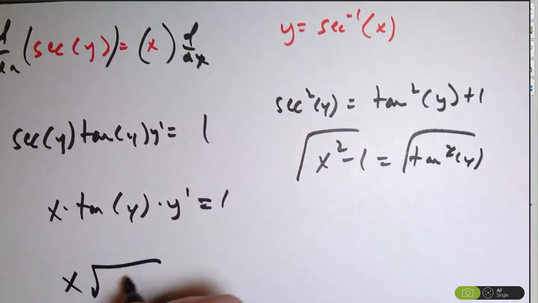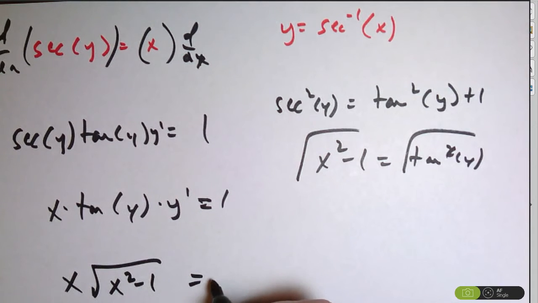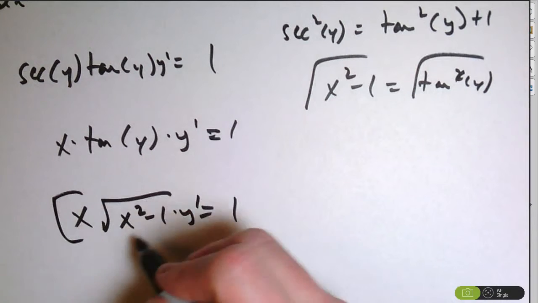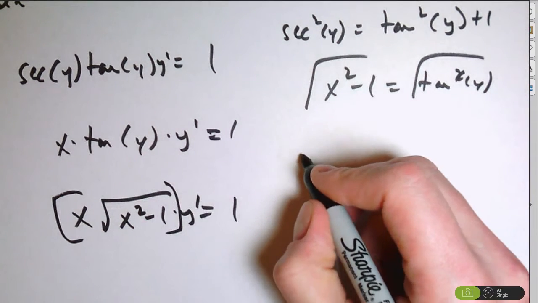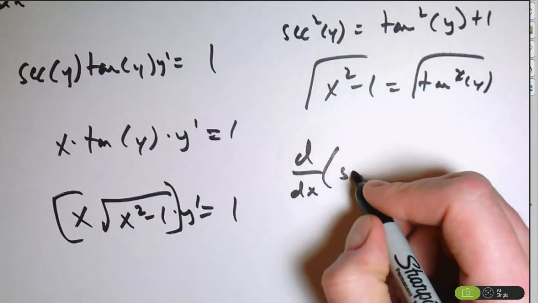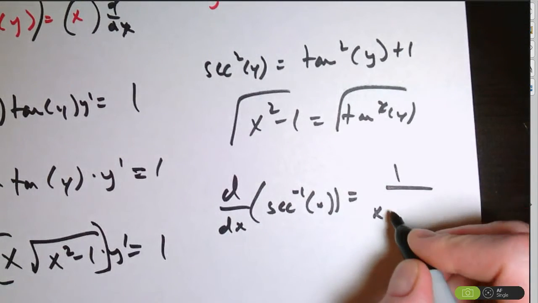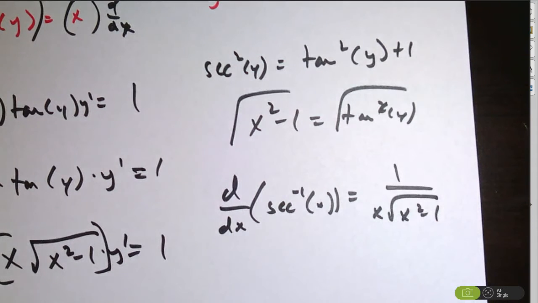We get x times the square root of x squared minus 1 times y prime equals 1. Divide by this guy. There we go. The derivative of inverse secant of x is 1 over x times the square root of x squared minus 1.